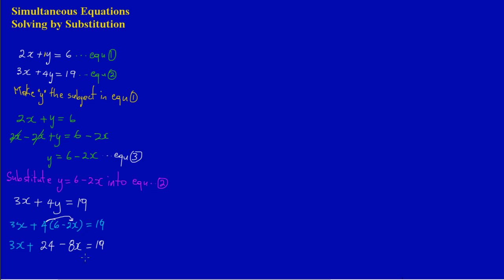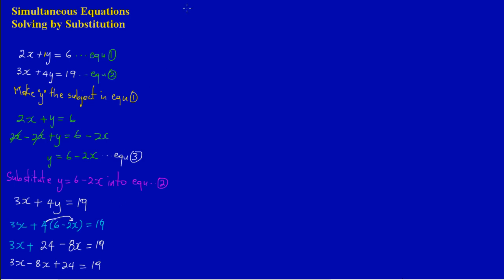Now I can simplify my 3x and my negative 8x. Let me group my like terms: 3x minus 8x plus 24, and that is equal to 19.